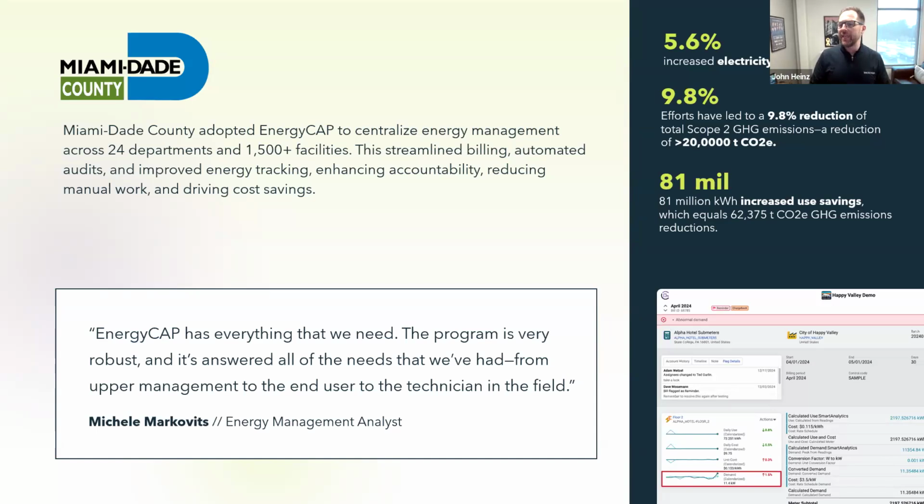EnergyCAP communicates out to the departments, hey, you got 10 bills, go in and approve them. And by the way, they've already been audited by the system. So they should be good to go. But if not, you can follow up and escalate, and then they do approval. So completely changed the way that they receive, process, approve bills, and made their whole operation a ton more efficient.